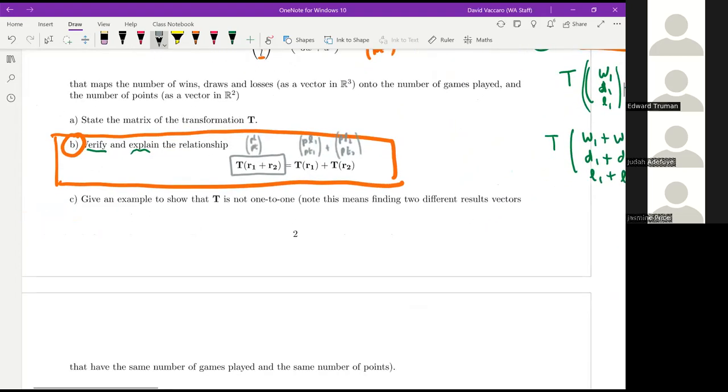Okay, and this relationship is essentially one part of the characterization of what we mean when we say that the map T is linear.